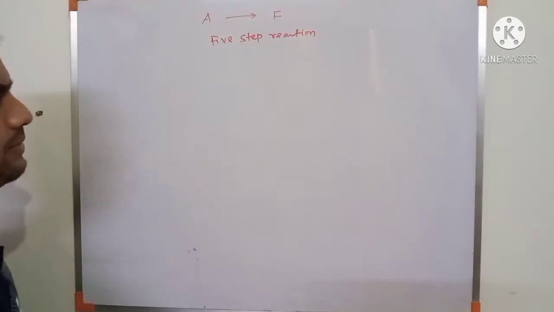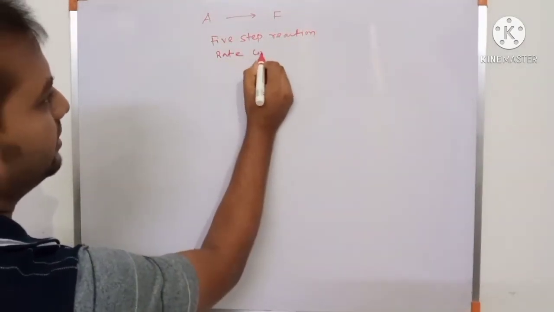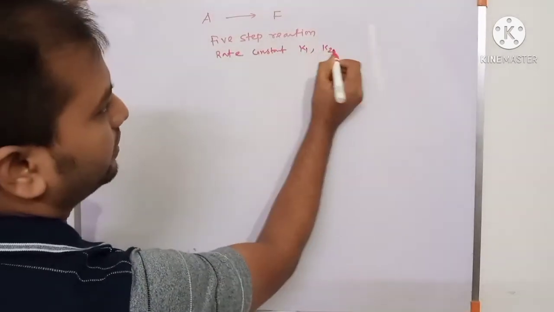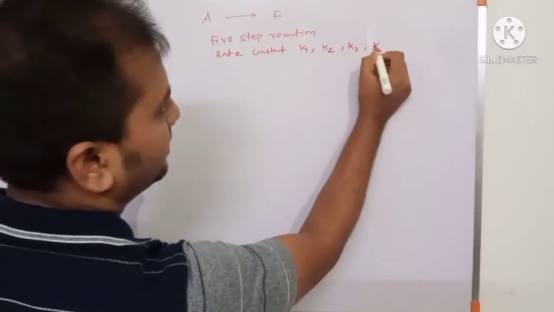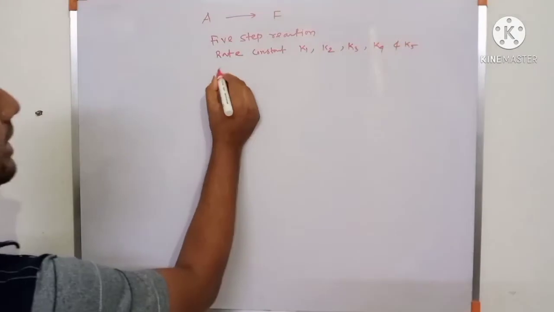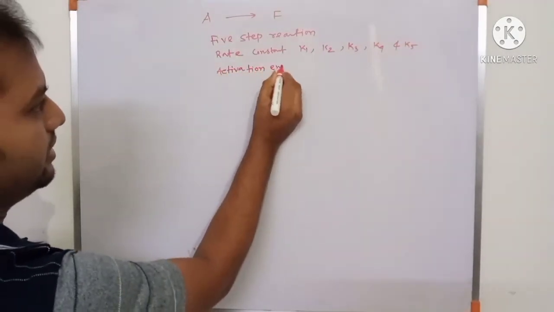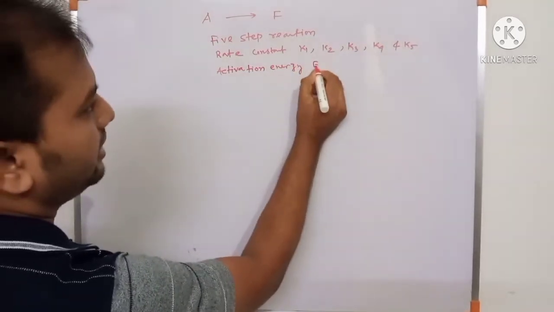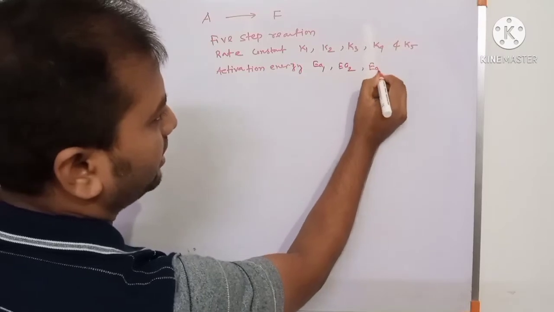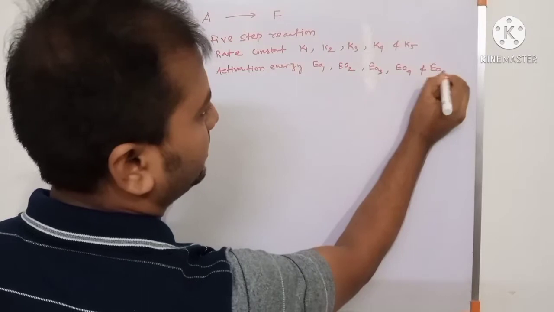Suppose this is a 5-step reaction with rate constants K1, K2, K3, K4 and K5, and activation energies Ea1, Ea2, Ea3, Ea4 and Ea5.